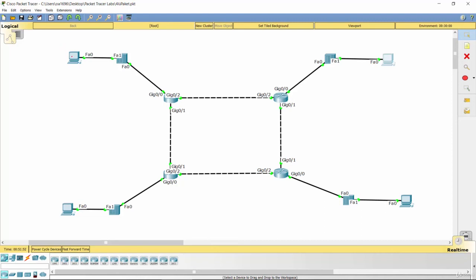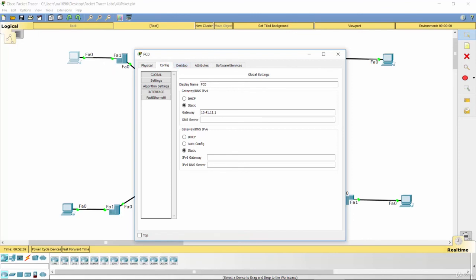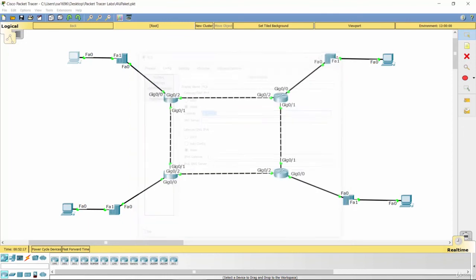If I couldn't ping from PC1 to PC3, what I would do? The first thing I need to check is the default gateway of the PC1. Let's take a look to the default gateway. Default gateway is 10.41.11.1, which is the IP address of the Gig0/0 interface of my router.